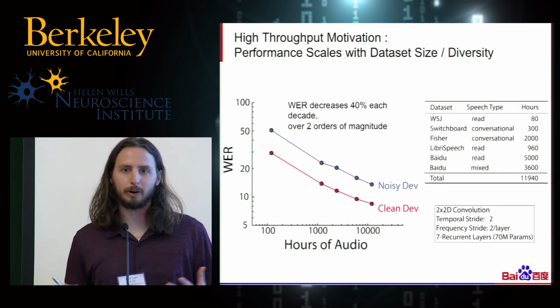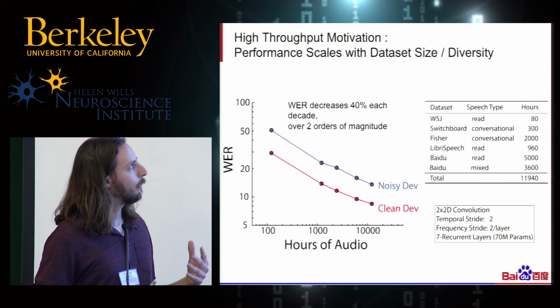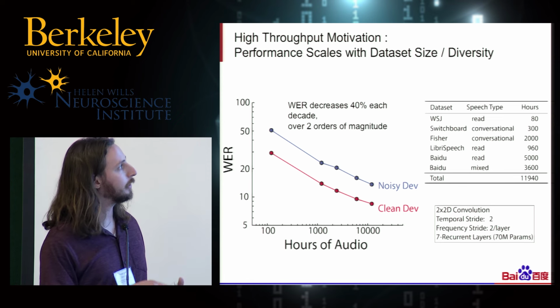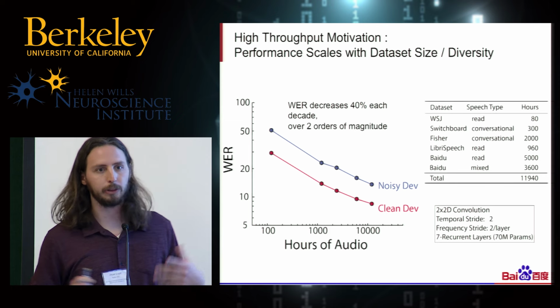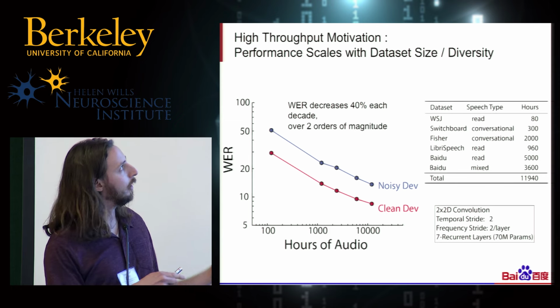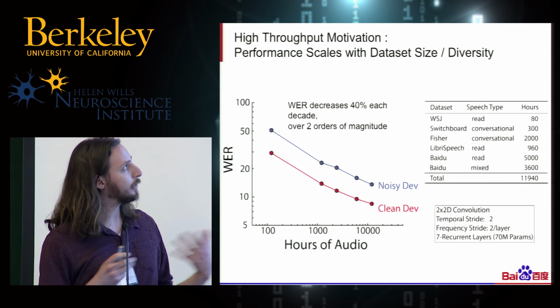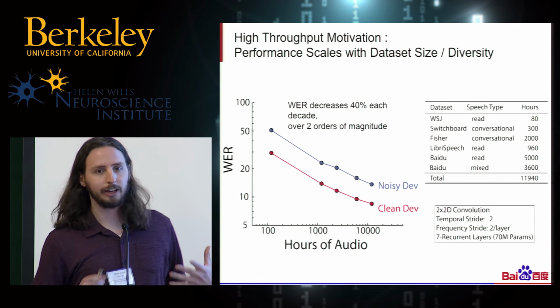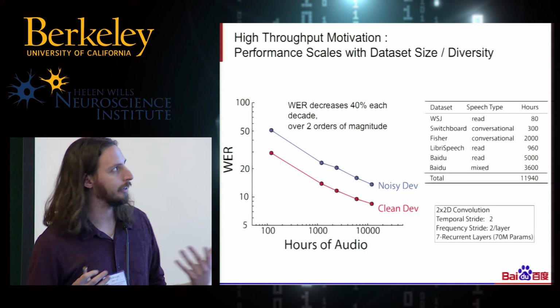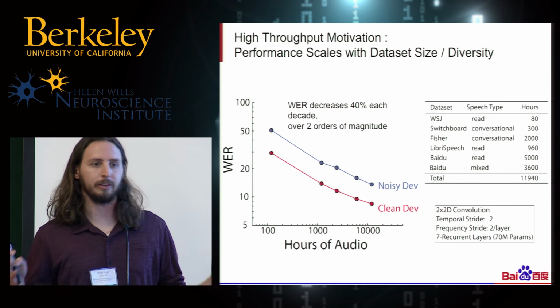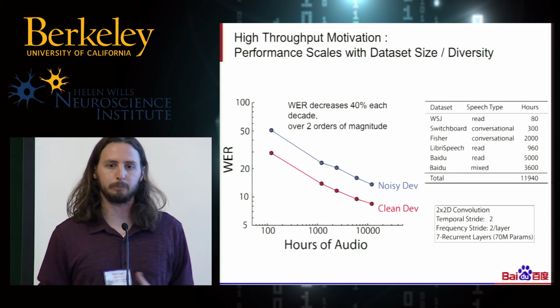And I'd love to see more graphs like this in the literature, where you have this idea that this is why neural networks work, because they can get consistent scaling with the amount of data. Here we have a power law, or log, where we're getting a performance increase, with word error rate decrease of 40% over each decade that the data is increased, which in one sense sounds very good because it's better than your support vector machine or some other machine learning algorithm.